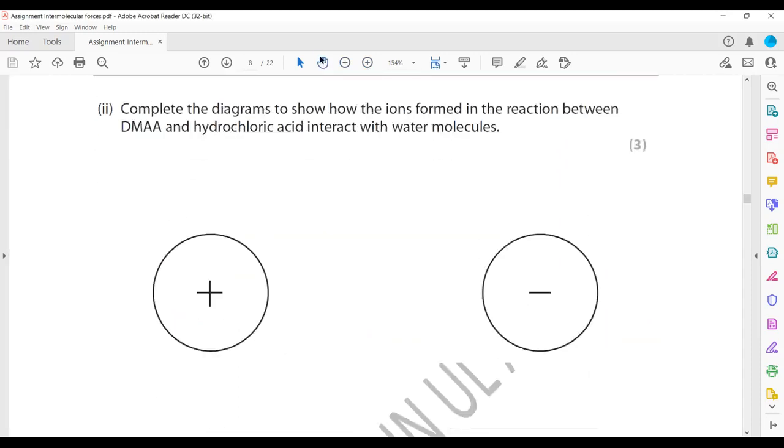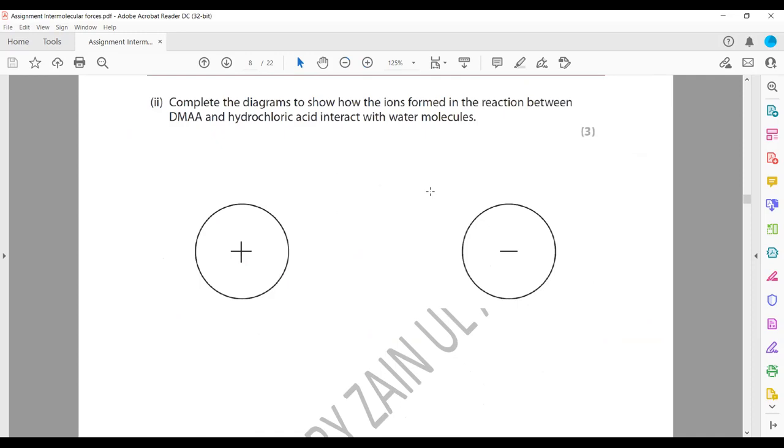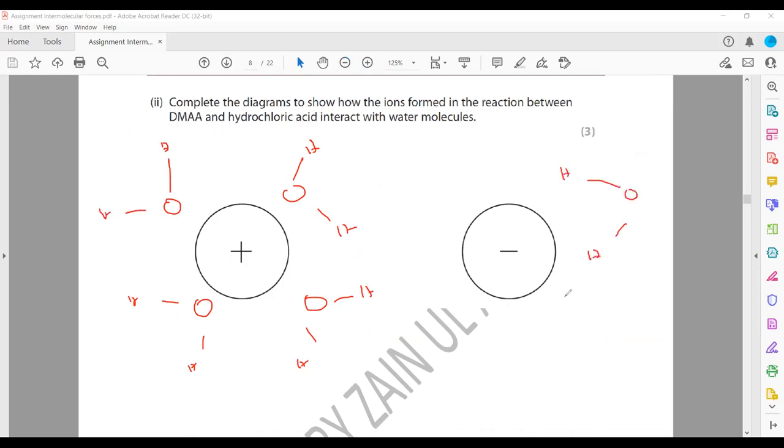Then complete the diagram to show how the ions formed in the reaction between DMAA and hydrochloric acid interact with the water molecule. So positive ions, how will they interact? Yesterday we discussed the concept of hydration energy, that oxygen is partial negative, so oxygen will be attracted towards the positive ion, and hydrogen is attracted towards the negative ion.